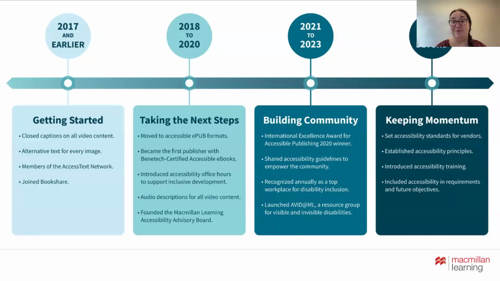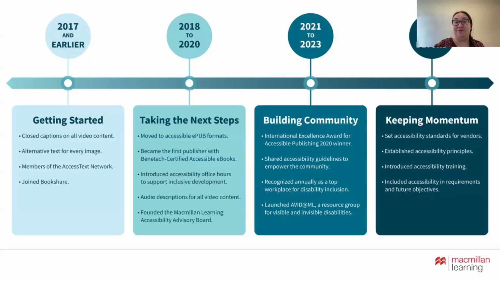There's things like closed captioning because we could add it to the video when it was finalized, alt text because we could create it alongside our program, and becoming members of organizations like the ones that Stacey just talked about, like Bookshare, and in the US, Access Text Network, which supplies accessible books for higher education institutions.